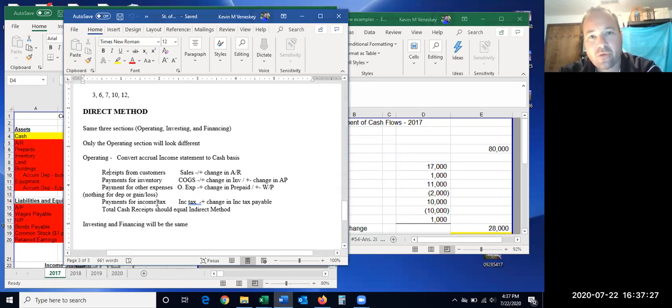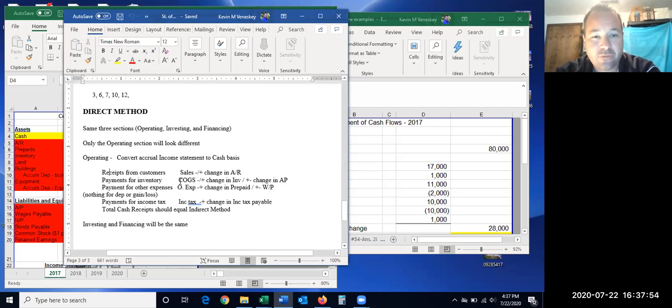Instead of starting with our net income and then going to the balance sheet to look at all the differences, we're going to look at each individual income statement item and compare that to its corresponding balance sheet item that would typically go with it. Like revenue goes with anything in AR. Cost of goods sold would go with anything in inventory. Any changes in inventory are going to be affected by that.